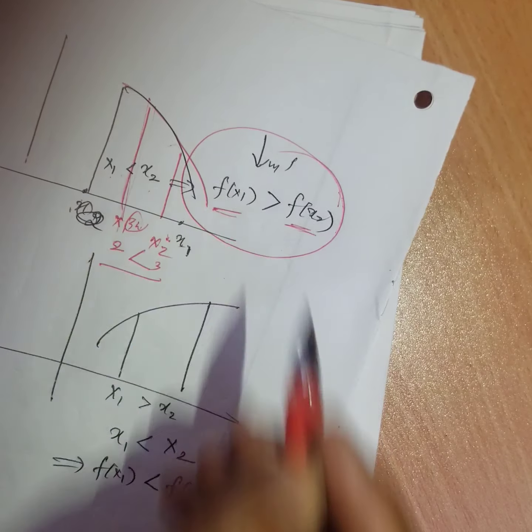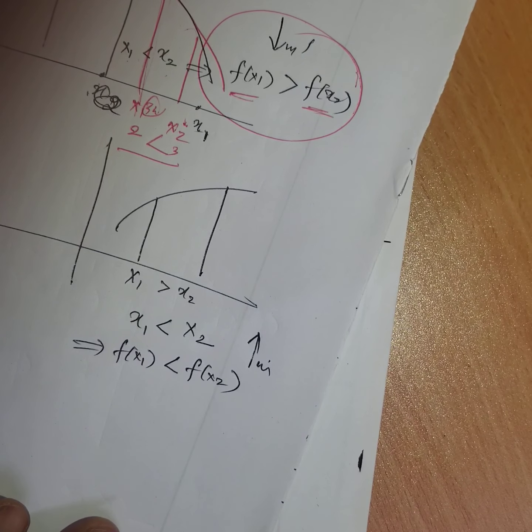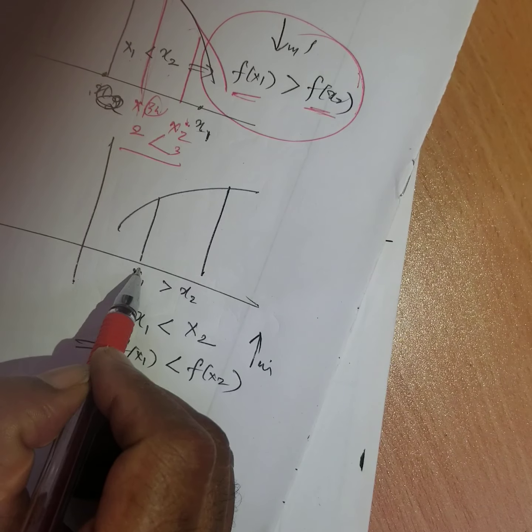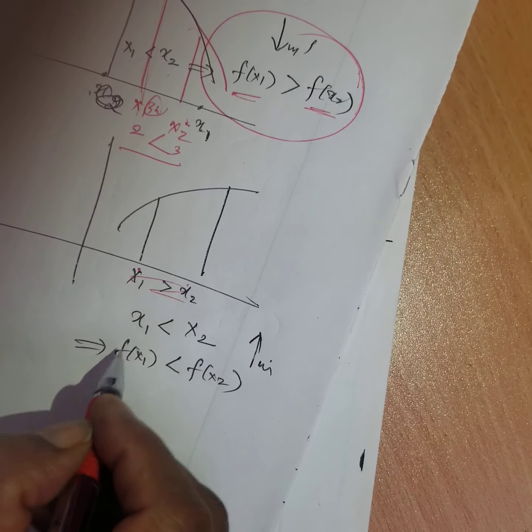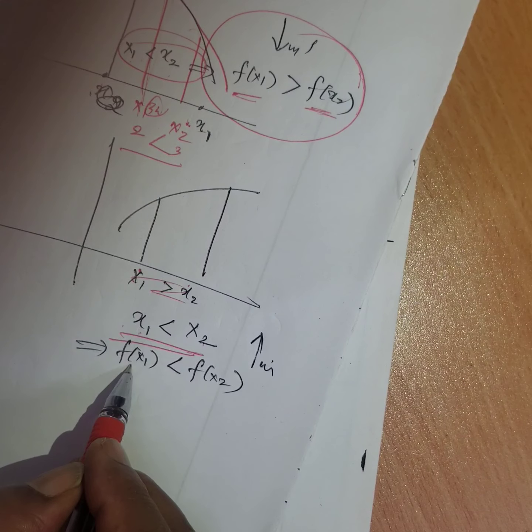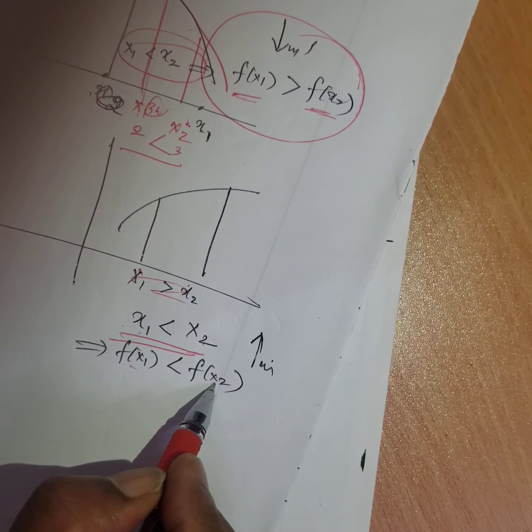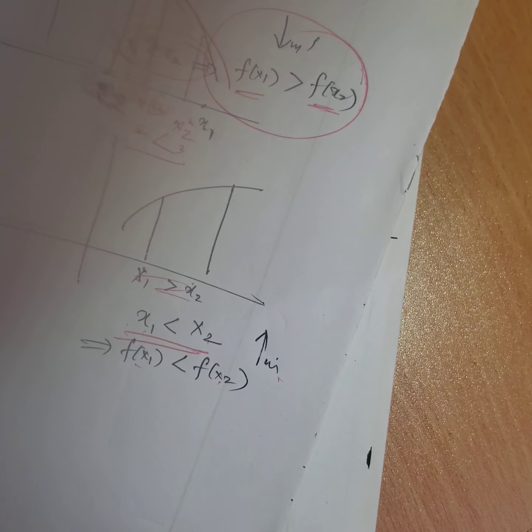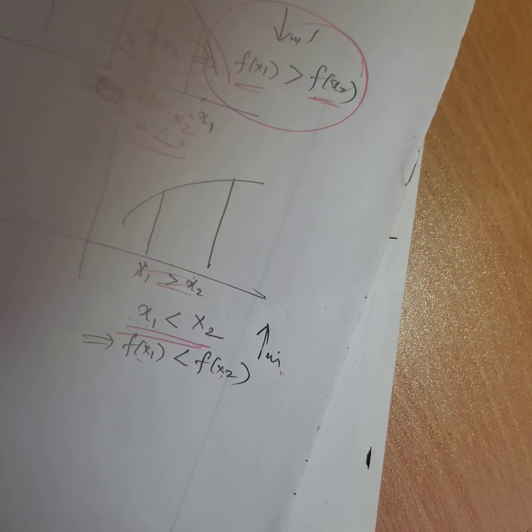Therefore, this is decreasing function. Okay. On the other hand, if x1 is less than x2, everywhere, and f of x1 is less than f of x2, then it is called increasing function. Okay.